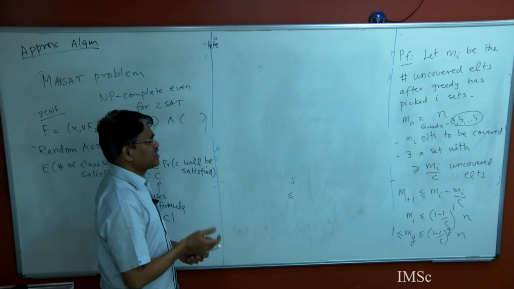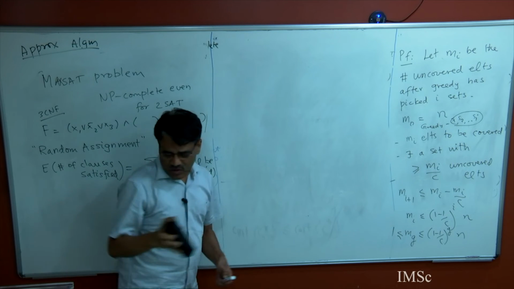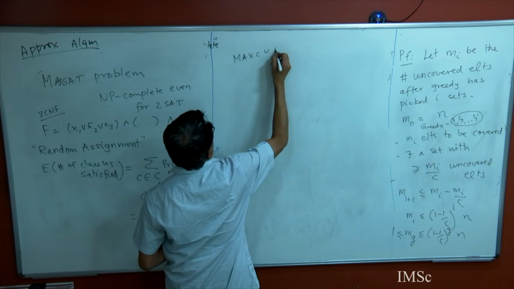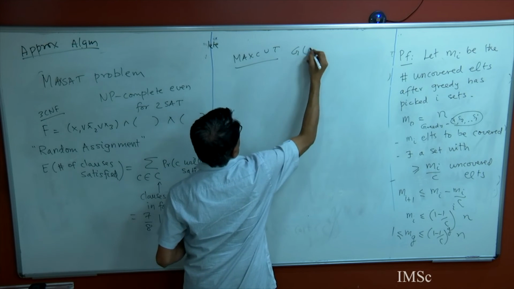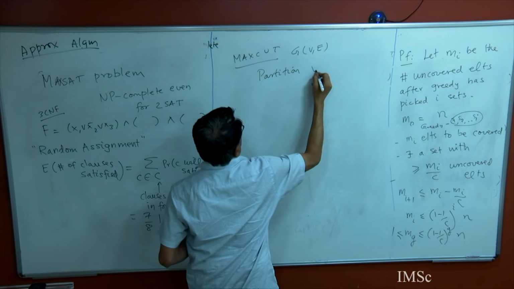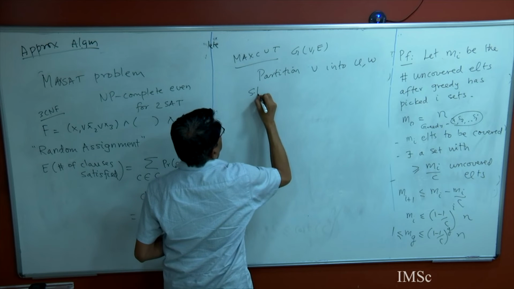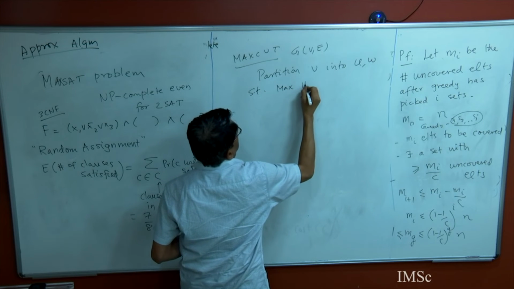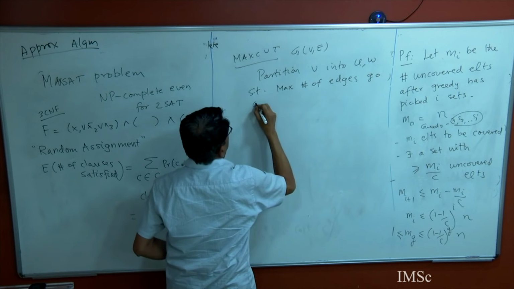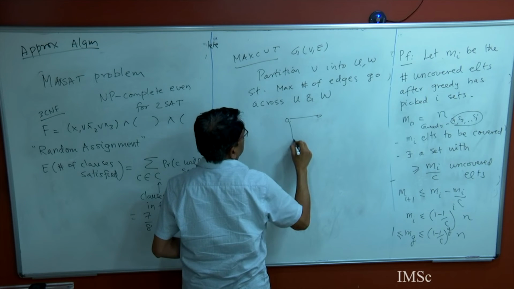A related problem where such randomization works is the max cut problem. So the problem is, you're given a graph, partition V into U and W such that the maximum number of edges go across U and W. So maybe your graph is like this.